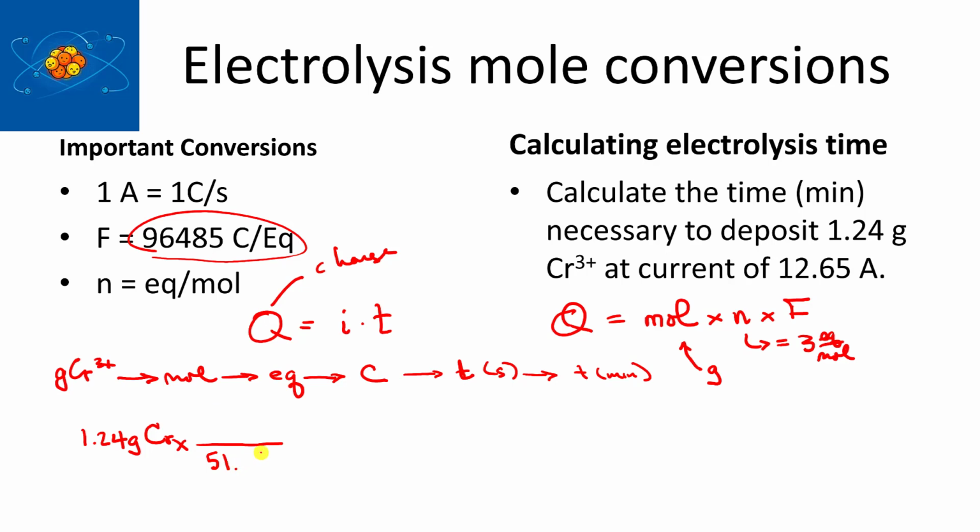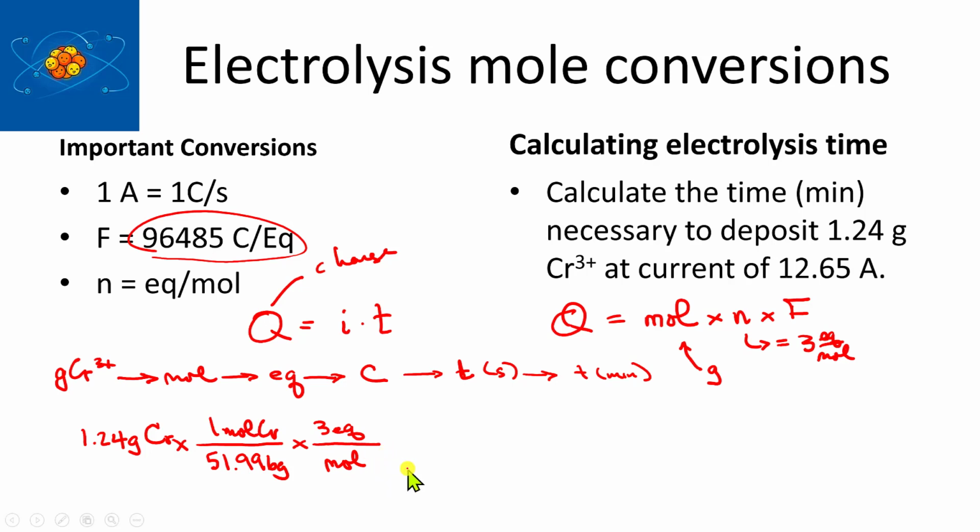I just have one on my background so I can look at it. 0.996 grams for every 1 mole of Cr3+, or Cr, and then for that reduction, it takes 3 equivalents per mole to go from chromium 3+ to chromium.